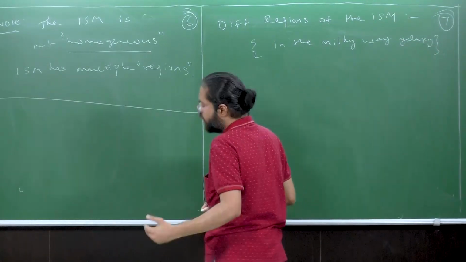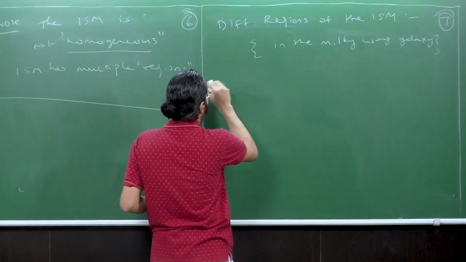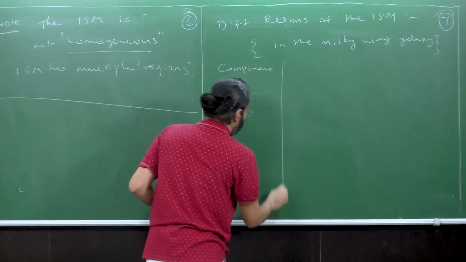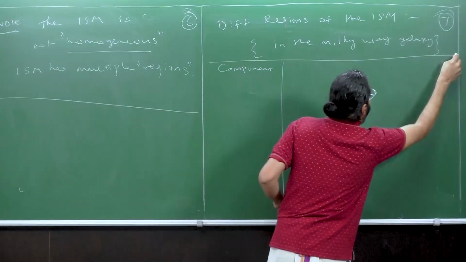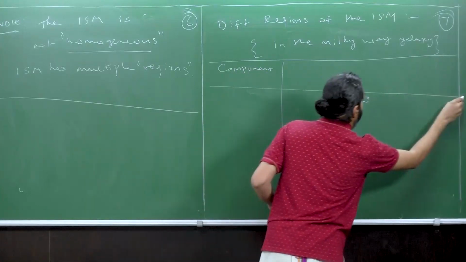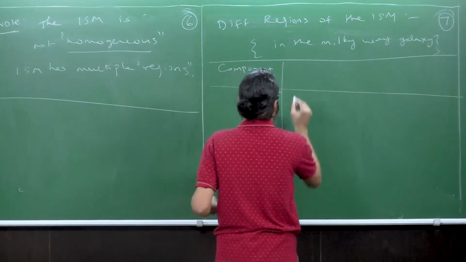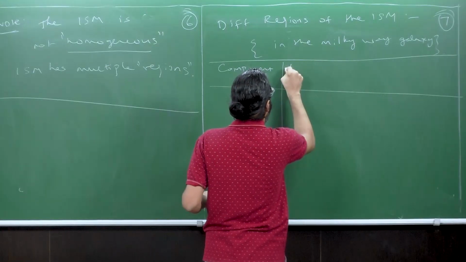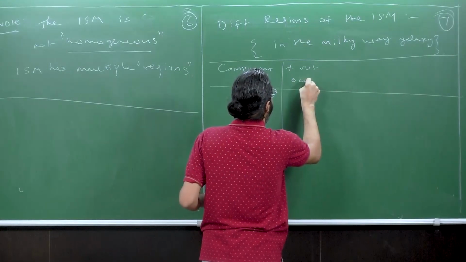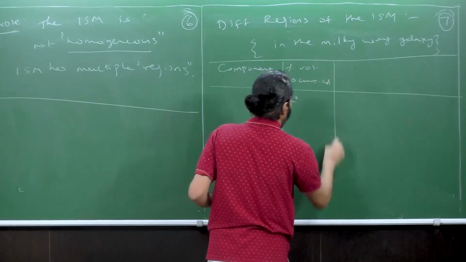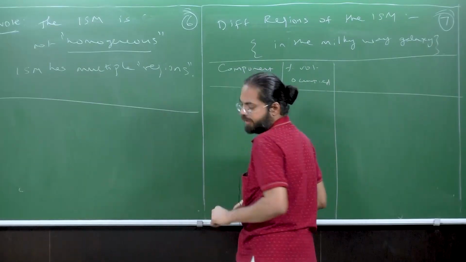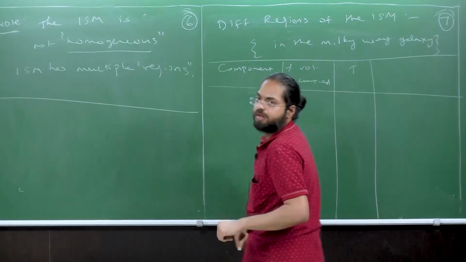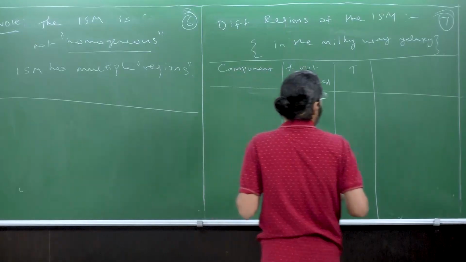Okay, so the regions, I'll make a small table here. Component, and the next one is going to be the volume it occupies, percentage volume occupied, and the next column is going to be the temperature in that region, and the next column is going to be the state of hydrogen.